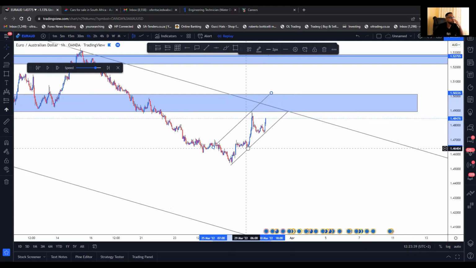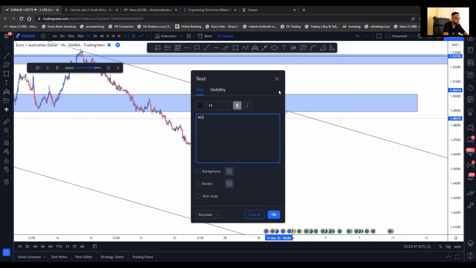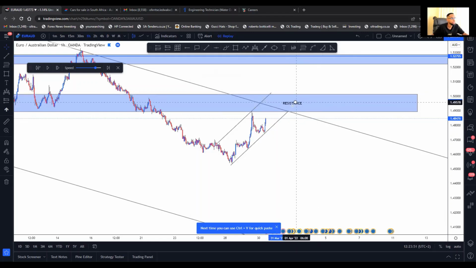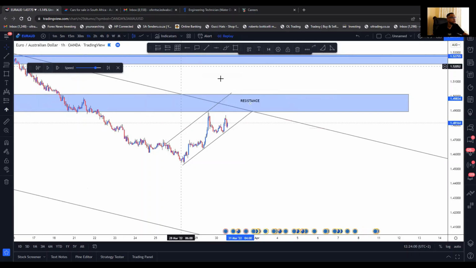So you can see here you were buying, but then coming to this, we have a resistance area. I'm expecting a sell around this area.